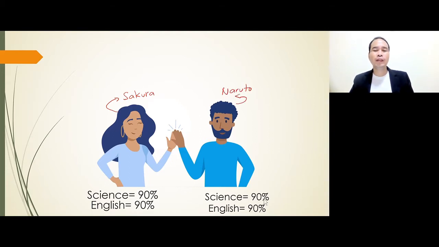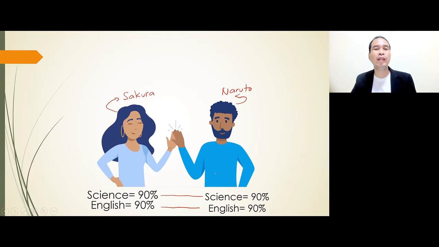If you look at their scores, both of them got 90% in science, and in English they also got 90%, right? So basically, they don't need each other. However, imagine I am their teacher, the teacher of Sakura and Naruto. And I told them, I want you to have a presentation about science tomorrow. So Sakura and Naruto should help each other to make a perfect presentation.